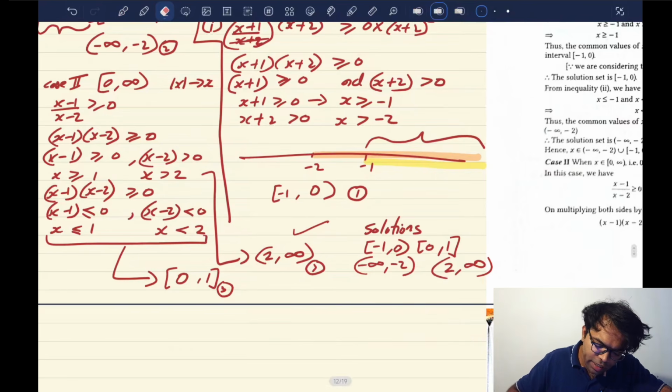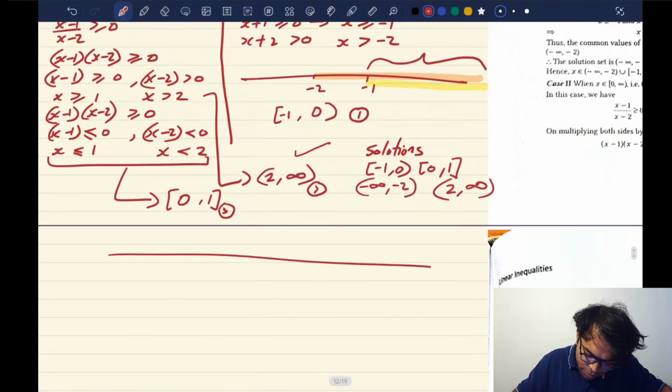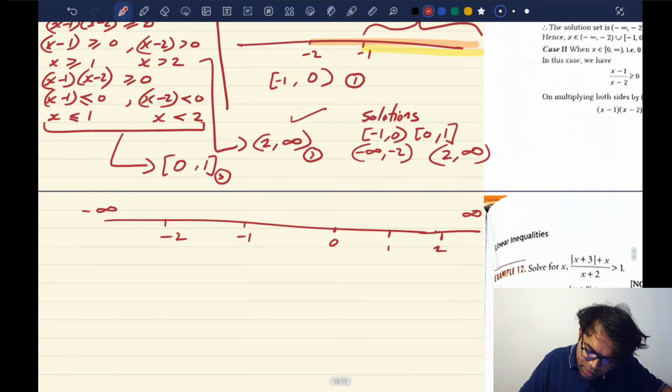When you're choosing intervals, you have to make sure that your solutions lie in that particular interval as well. So you have minus infinity here. You have minus 2, minus 1, 0, 1, 2, and infinity. I'm just going to draw everything in one color. So you have minus infinity to minus 2, open brackets.